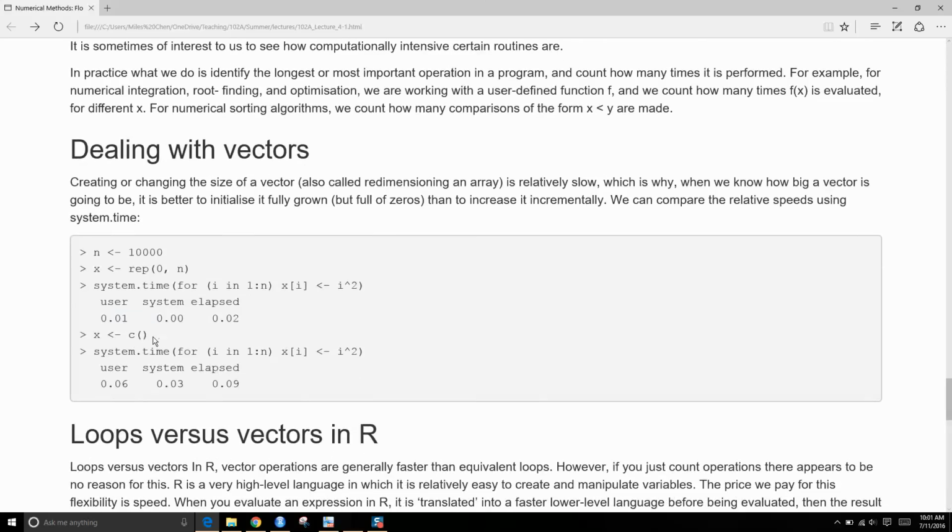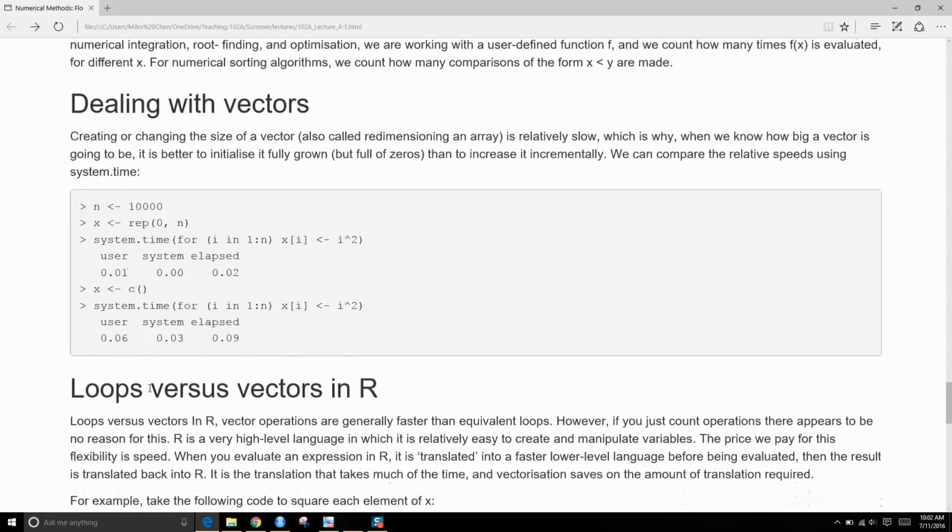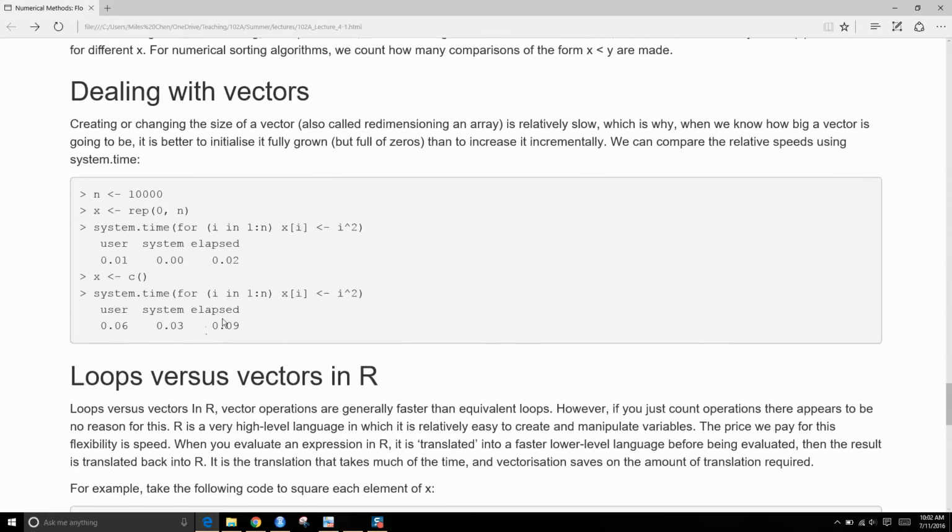If I just create an empty vector using c, and run the same operation, every time R does this, it has to expand the vector. It has to grow the vector with each loop. And when we do that, you can see it costs more time. Now, as far as how long the computer takes to do this, it's not very big, right?